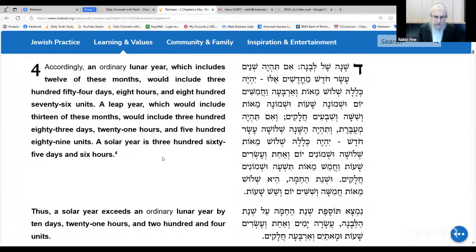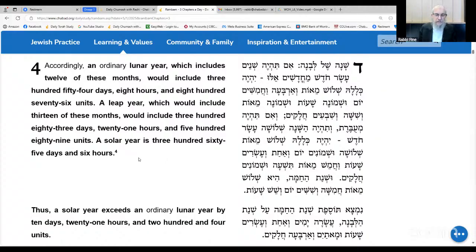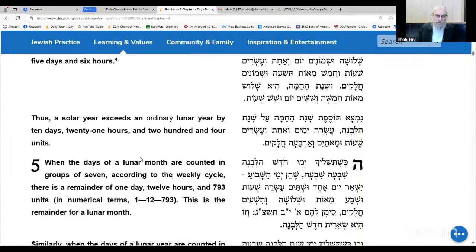The solar year is 365 days and 6 hours, a quarter of a day. Thus, the solar year extends beyond an ordinary lunar year by 10 days, 21 hours, and 204 units, just under 11 days.